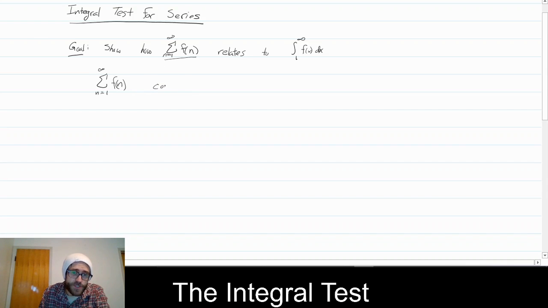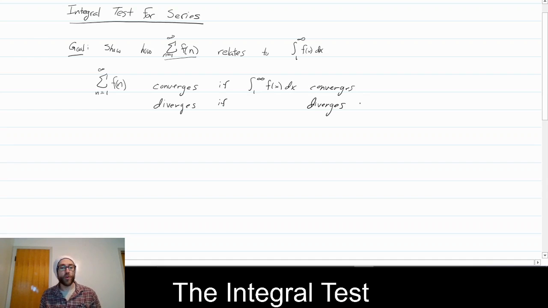This converges if the integral from 1 to infinity of f(x) dx converges. And the same thing for diverges. So it converges if the integral converges, and it diverges if this integral diverges.